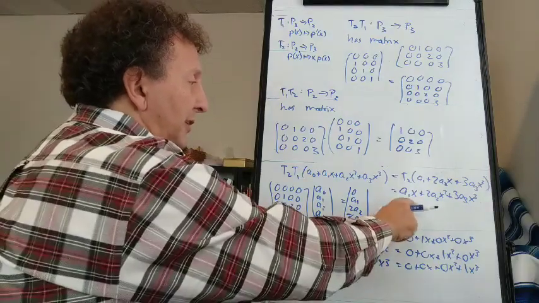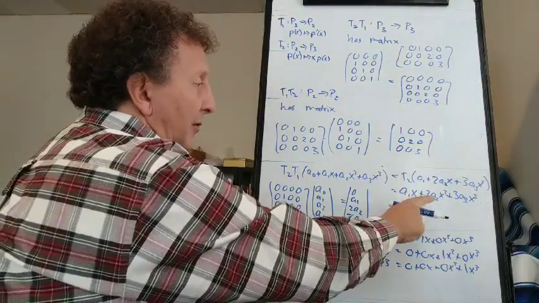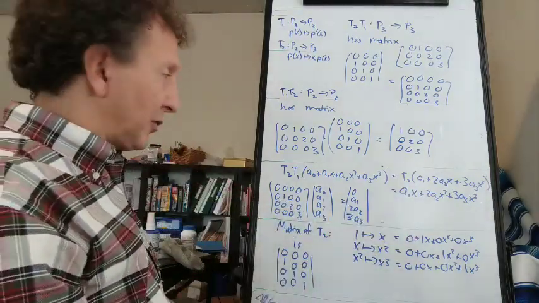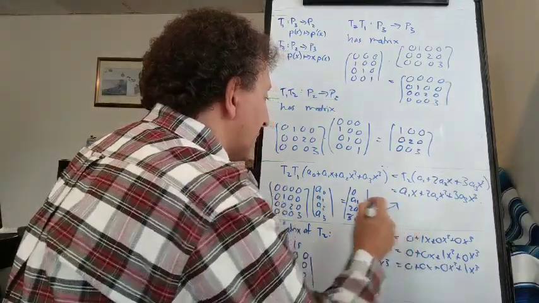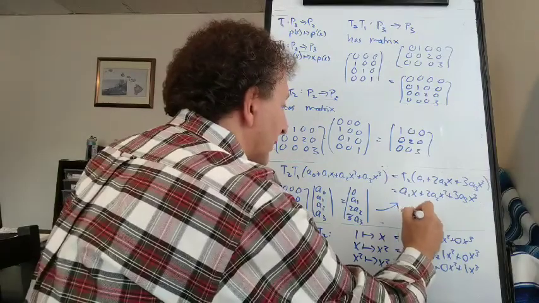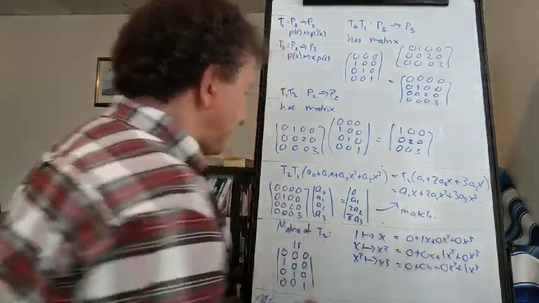And that happens to be precisely the coordinate vector of this polynomial with respect to the natural basis. So they match, which is good.